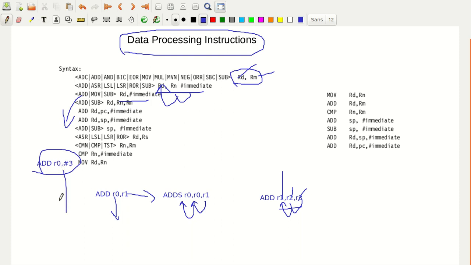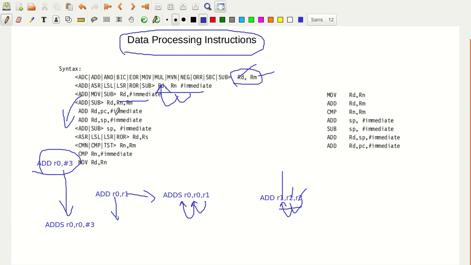The ARM equivalent would be ADDS R0, R0, hash 3, where 3 is added with R0 and the resultant is stored in R0.